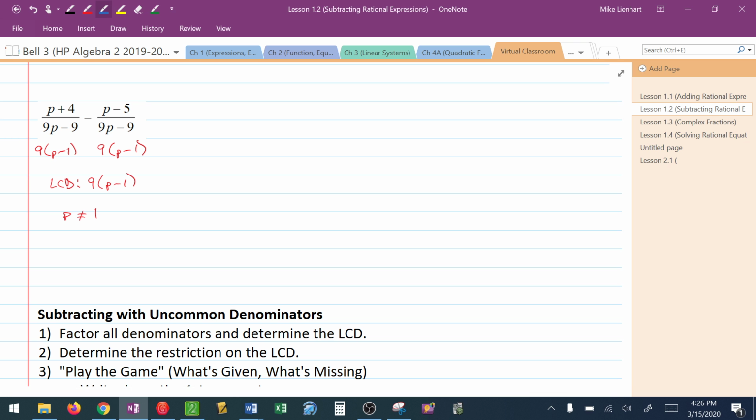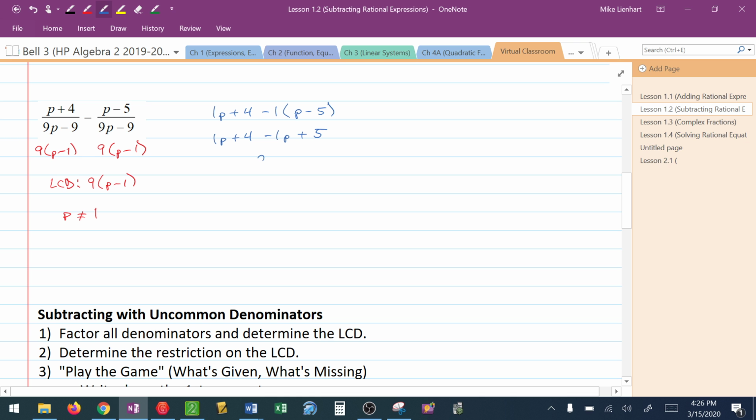All right, because I have common denominators, I don't have to play the game with the numerators. But I'm subtracting, so I want to be careful here. I have 1p plus 4. And then I, again, like to write negative 1 and distribute that to the p minus 5 so I don't mess up any signs. All right, so this would be 1p plus 4 minus 1p plus 5.